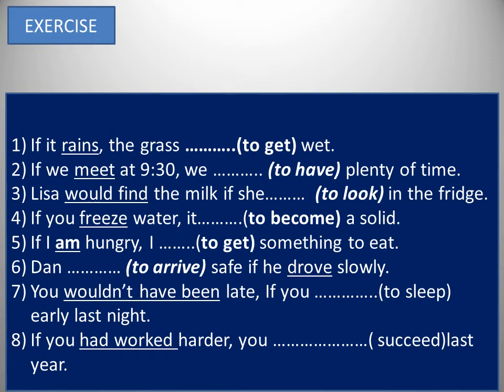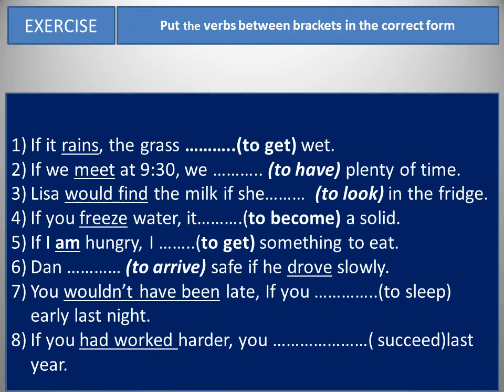Okay, now let's try this exercise. The question says, put the verbs between brackets in the correct form. Which means, of course, here that we are going to use what?